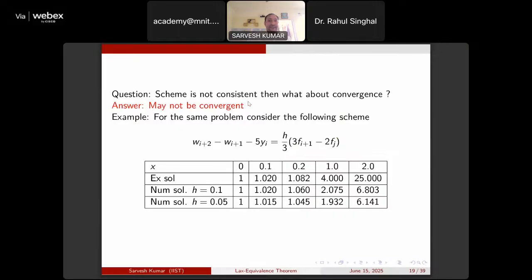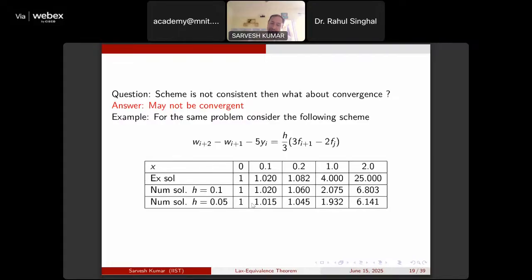So if a scheme is not consistent, what about convergence? Of course, it's the same. If a scheme is not consistent, we cannot expect convergence. So for the same problem, suppose I pick this a and b in this manner and compute my solution. If you see the numerical solution for h equal to 0.1, this is my solution, right? But if I take h equal to 0.05, what happens?